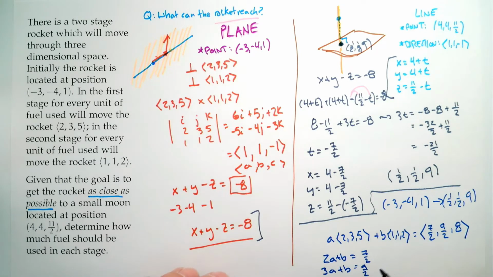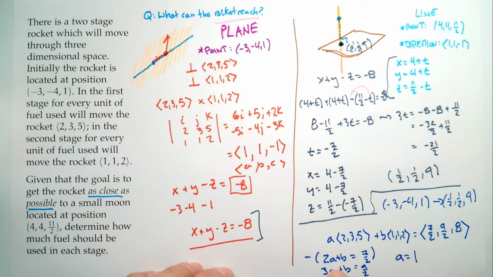What can you do? Well, subtract the first equation from the second equation. If you subtract the first equation from the second equation, what do you see? The B's cancel. 3A minus 2A gives just A. So that would be 9 halves minus 7 halves, also known as 1. So A has to be 1.